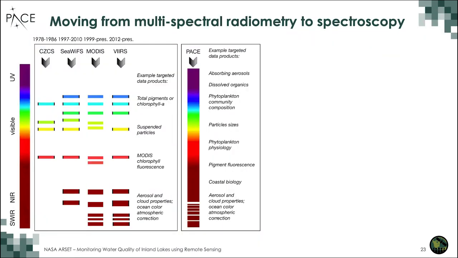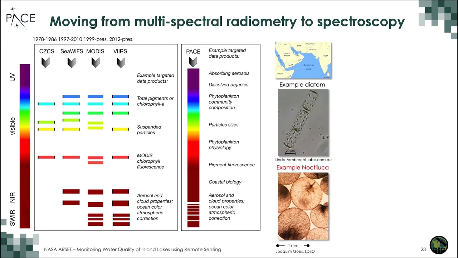So the main idea is moving from multispectral radiometry to spectroscopy, and these are the historical missions starting from 1978 all the way to VIIRS here, and this is the range. You can see that all these instruments start from blue and go to shortwave IR. PACE will start with UV and go to shortwave IR with hyperspectral resolution, and it will help in deriving dissolved organic matter and absorbing aerosols.